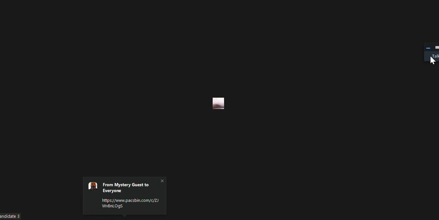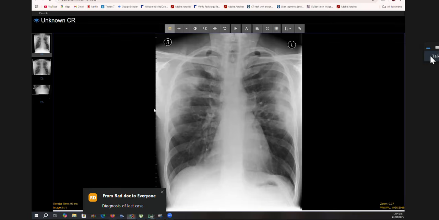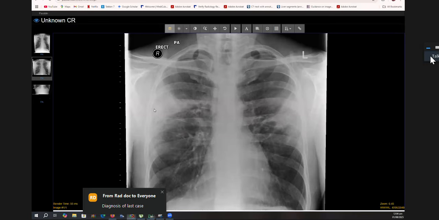Okay, sir. Chest X-ray, frontal projection, of a skeletally mature patient, in which I can appreciate peripheral based opacification.